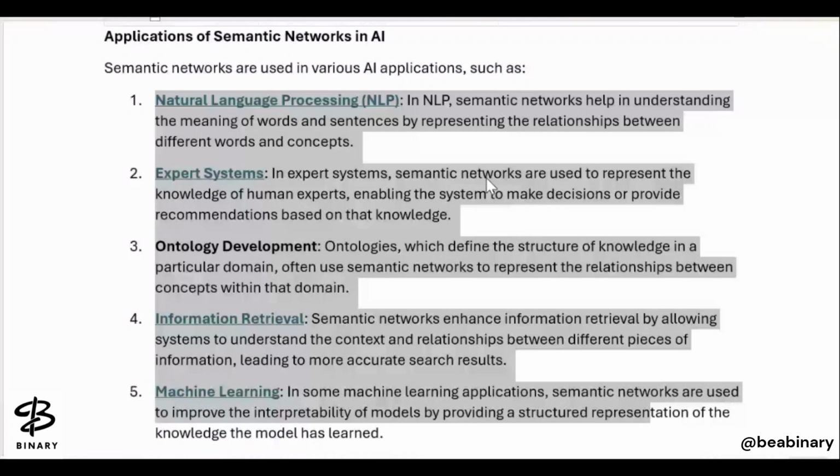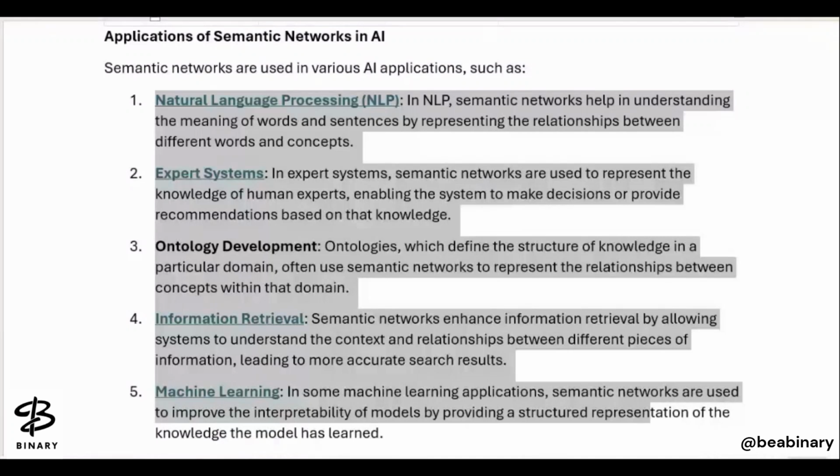Then ontology development, because here we are talking about domain specific knowledge representation, the meaning of our concepts and the relationships. Ontologies, which define the structure of knowledge in a particular domain, use semantic networks to represent the relationship between the concepts within that domain.